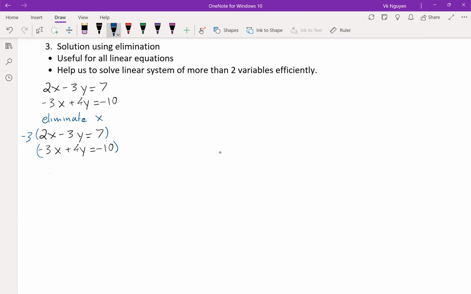And we multiply the second equation by the negative of the coefficient of x in the first equation, negative 2. The reason why we need negative 2 is because when we add them up, they're going to cancel each other out. Negative 6 plus 6, 0.